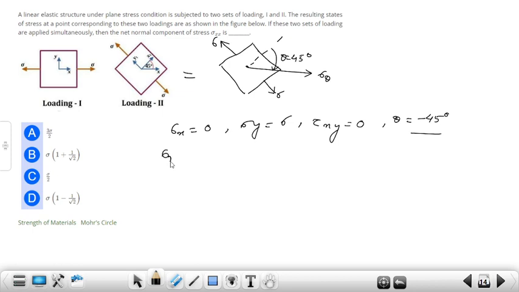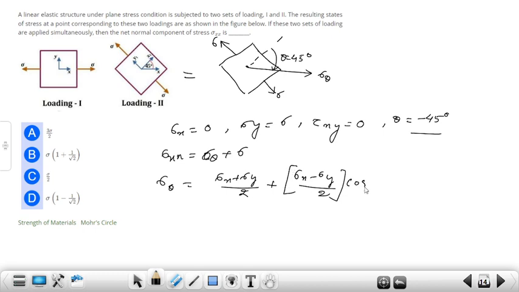So sigma xx is equal to sigma theta plus sigma, and sigma theta we know is sigma x plus sigma y divided by 2, plus sigma x minus sigma y divided by 2 times cos 2 theta, plus tau xy sin 2 theta.